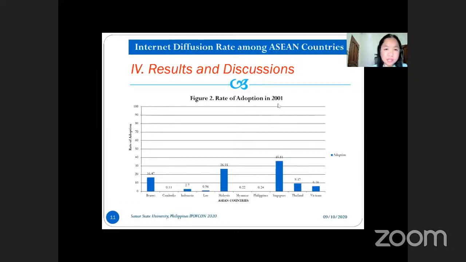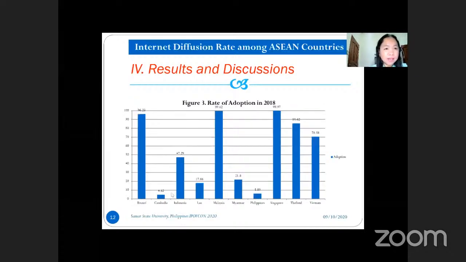It implies that during the launch of the internet in year 2001, Singapore had the highest number of adopters, called innovators, who adopted the internet quickly based on information from the mass media, while Cambodia had the lowest number of innovators and thus slowly adopted the internet during the early stage of the diffusion process.